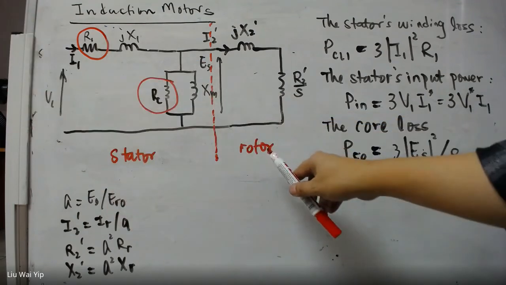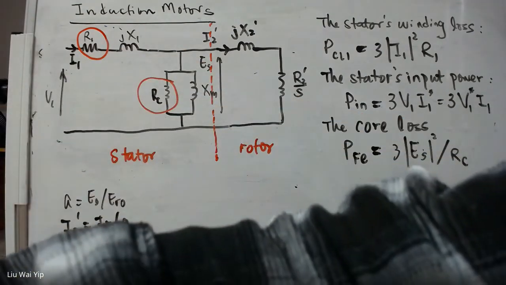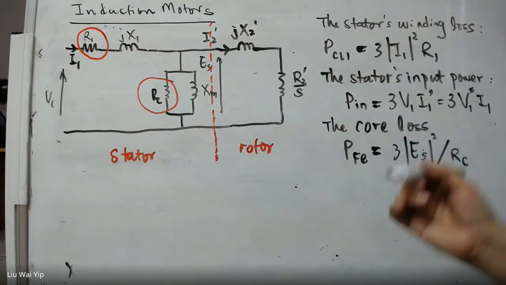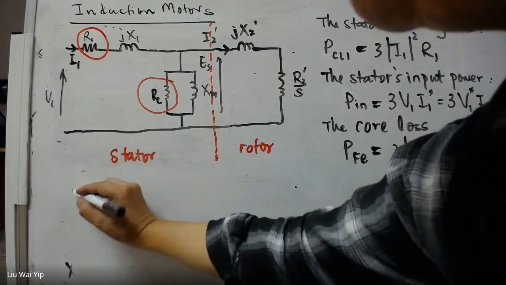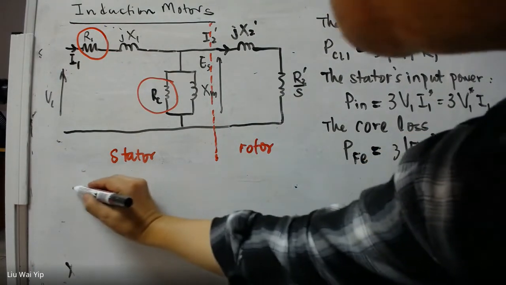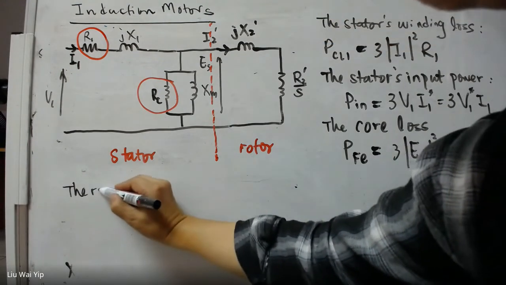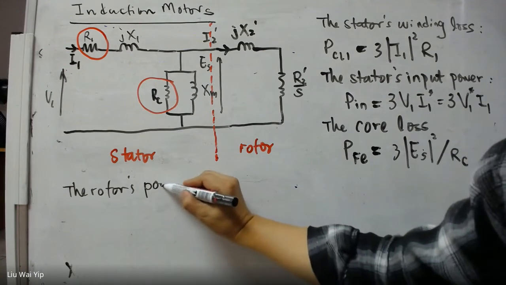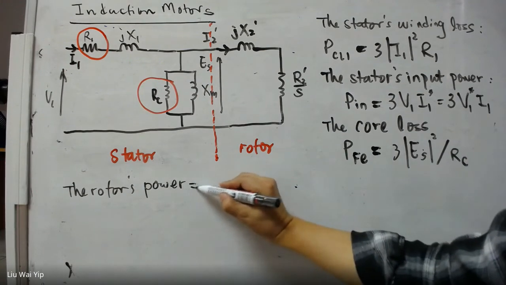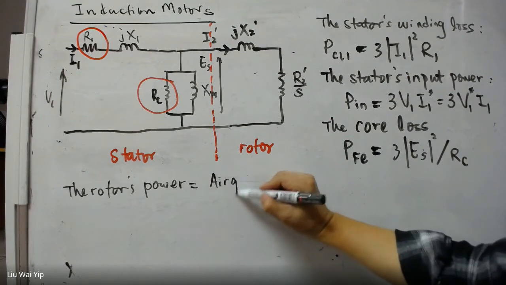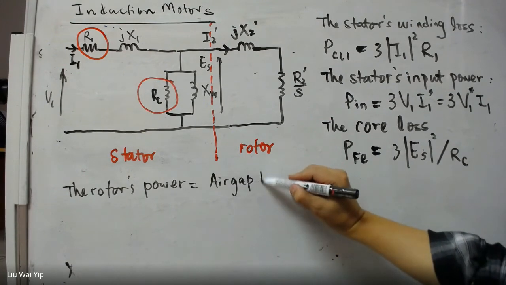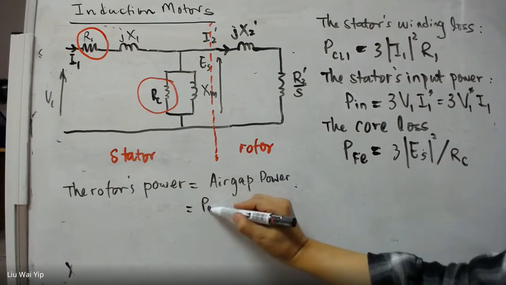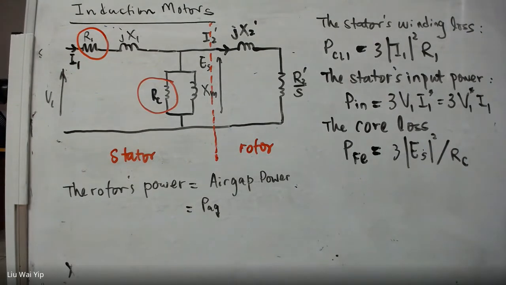We have a name for the rotor power. The rotor power is called air gap power, and it is P_AG, air gap power.